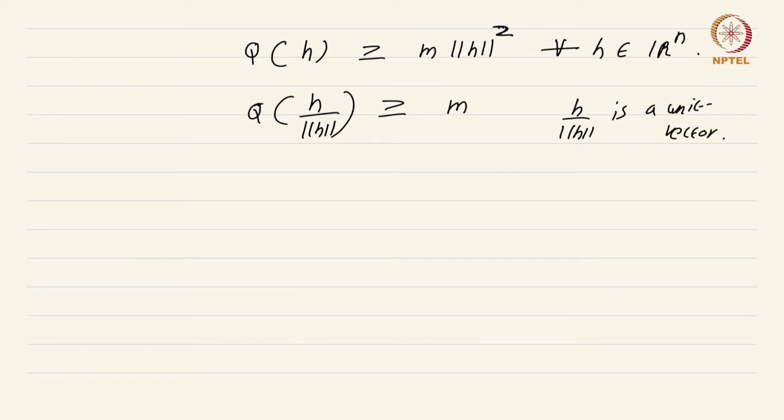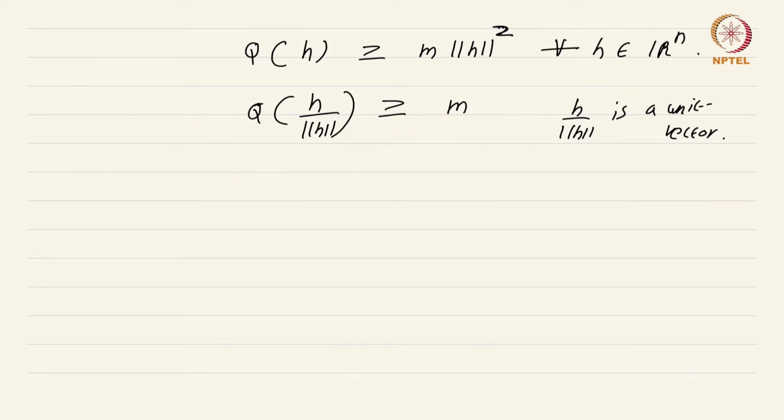Now if Q were linear, I could take this 1 by norm h outside, but Q is in fact quadratic. It's a quadratic form, and just by the definition of Q, you can immediately see that two of those norm h's will club together and produce a 1 by norm h squared outside, which I have just taken to the other side. Okay, so this is a trivial proof.